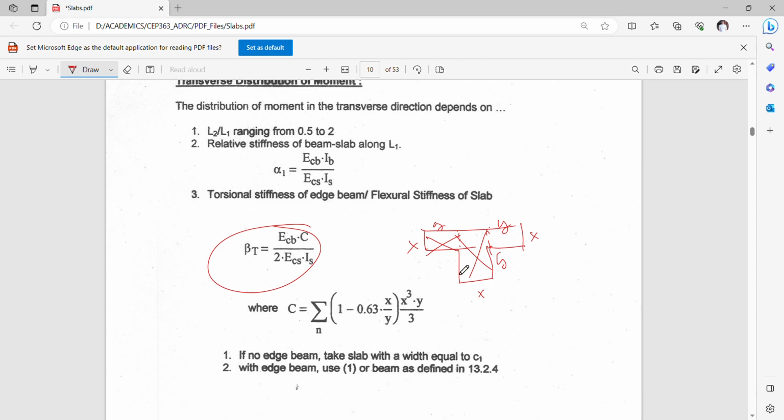If there's no edge beam, then you take the slab width equal to C1. What is the meaning of there's no edge beam? If there's no edge beam, you have to consider a torsional member wherein the width is equivalent to the column width. C1 is the column width.